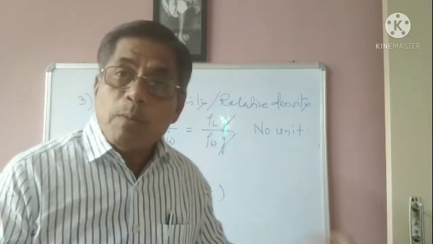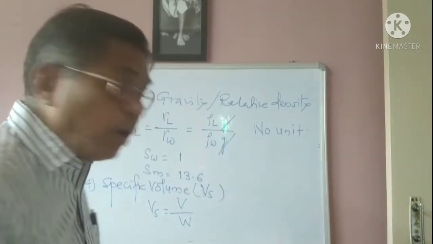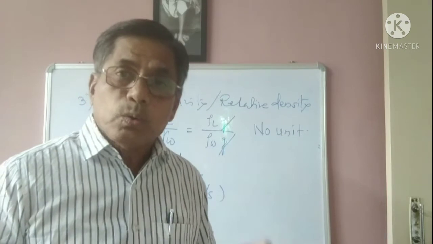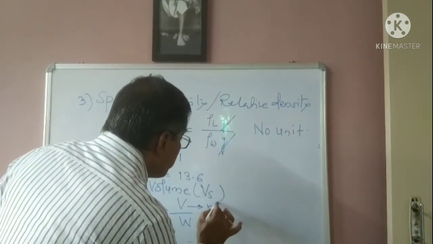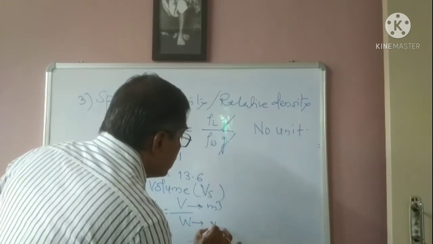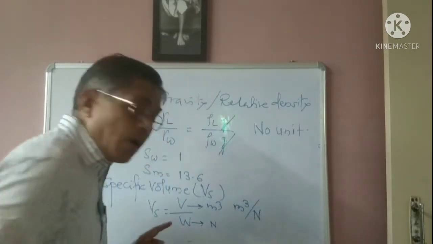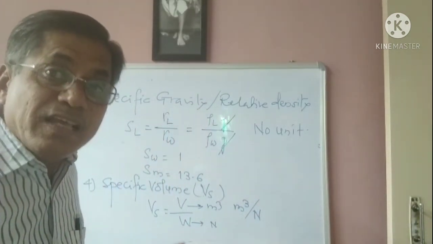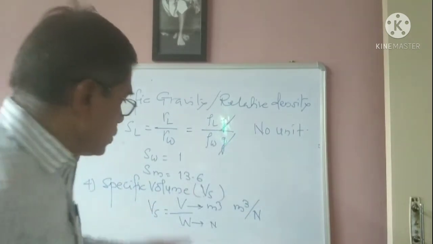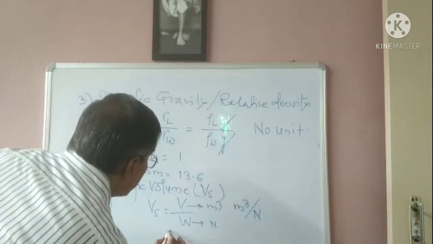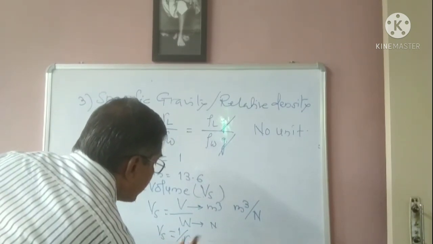Volume of fluid to the weight of fluid. So it is the ratio of volume of fluid to the weight of fluid, and therefore volume is expressed in cubic meter, weight is expressed in Newton, and therefore its unit is meter cube per Newton. Now remember, it is the reciprocal of specific weight. So this means that this specific volume is the reciprocal of gamma L.